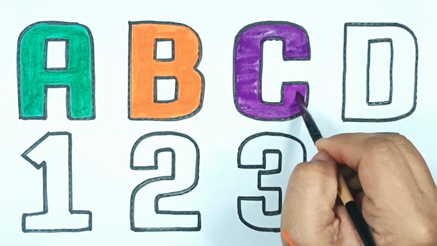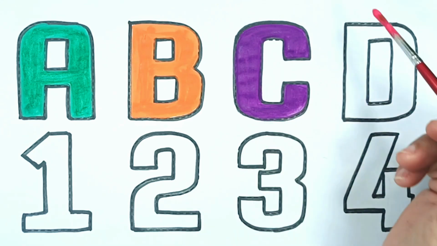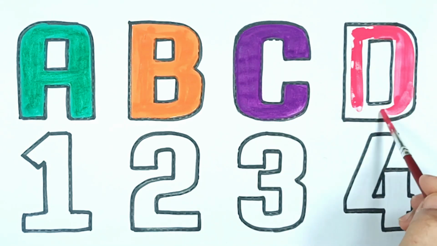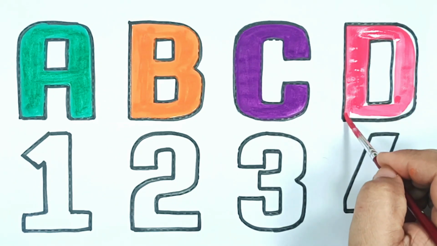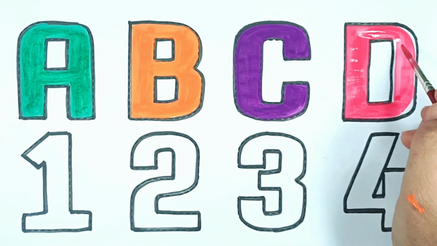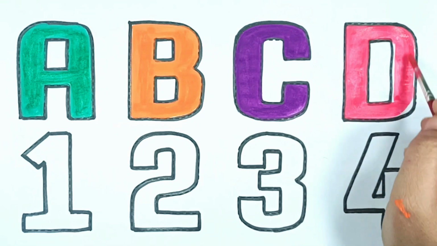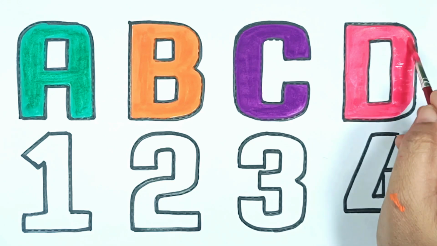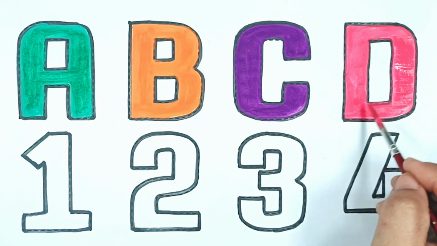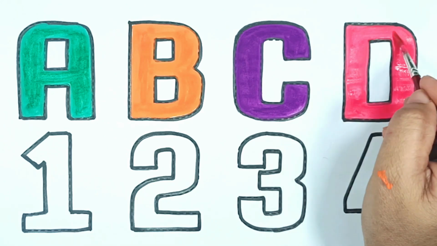C is for clock. It tells you the time. D is for diamond. See how it shines.